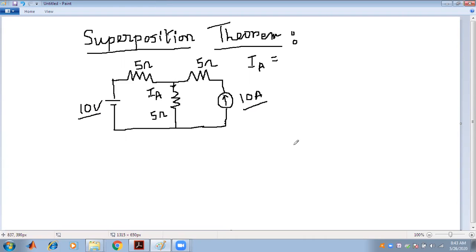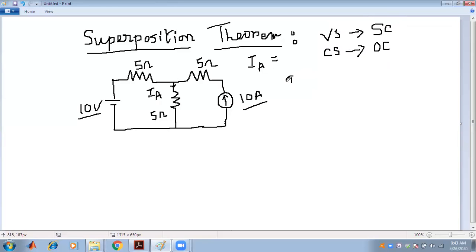If there is a voltage source, it will be short circuited, and if there is a current source, it will be open circuited, in order to replace them by their internal resistance.